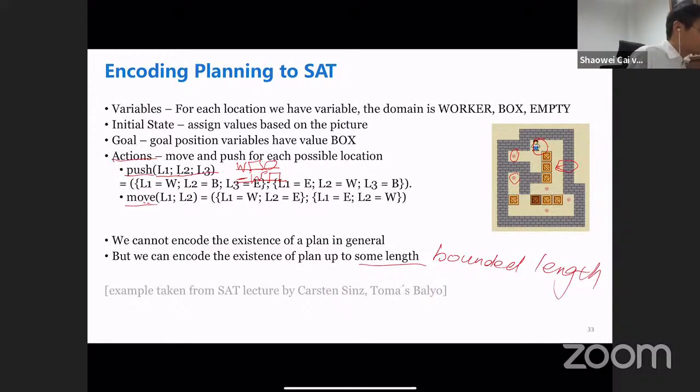And I just want to mention that the significant application of SAT to bounded model checking is similar to this bounded AI planning. We cannot directly encode existence in general, but we can give a bounded length to the solution. And this example is taken from a SAT lecture by Sinz.